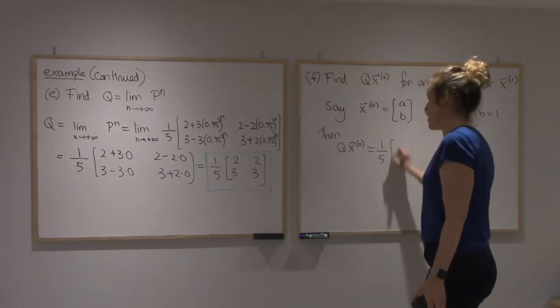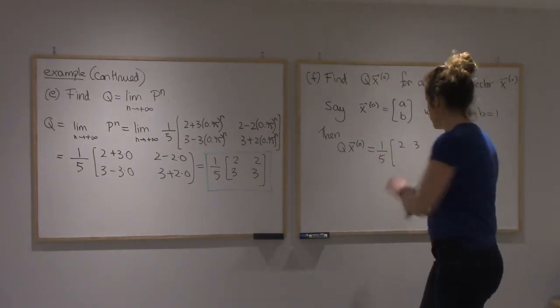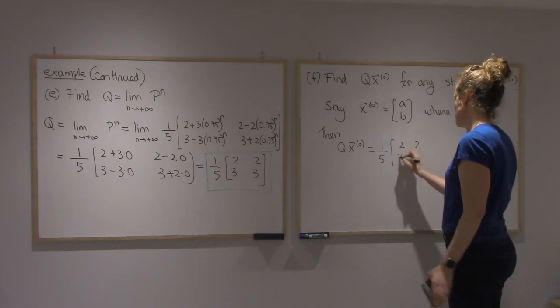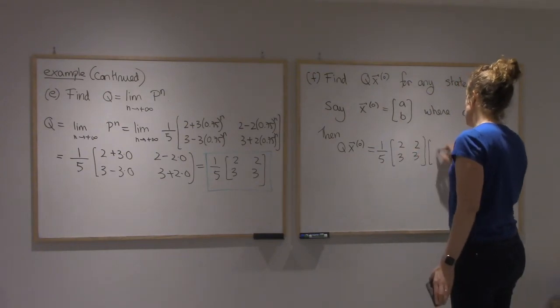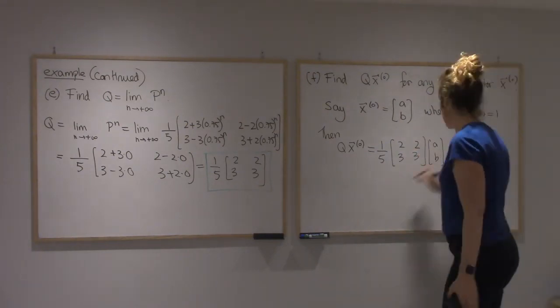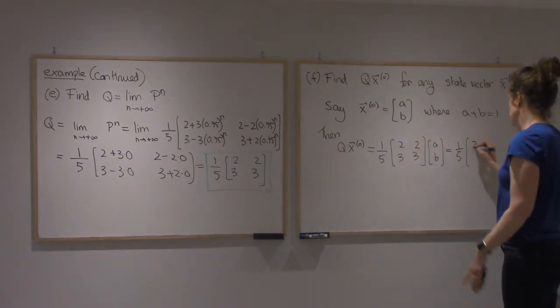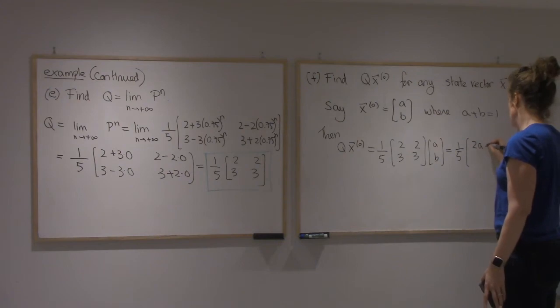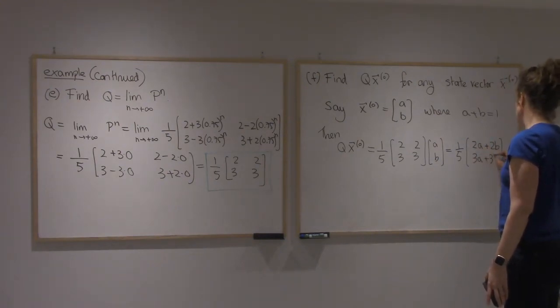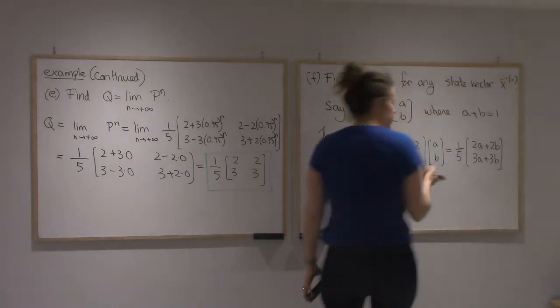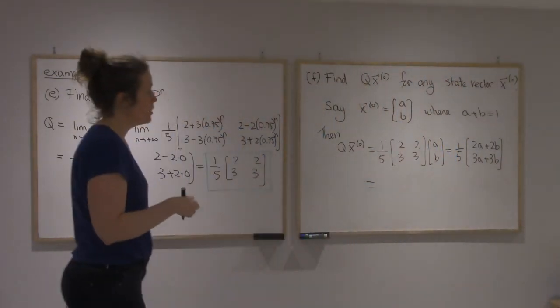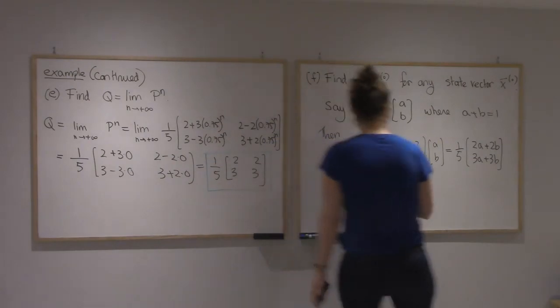That's 1 over 5, times the matrix 2, 2, 3, 3, times (A, B). I'm going to get 2A plus 2B, 3A plus 3B, and now let me factor out 2 and 3 from each of the entries.